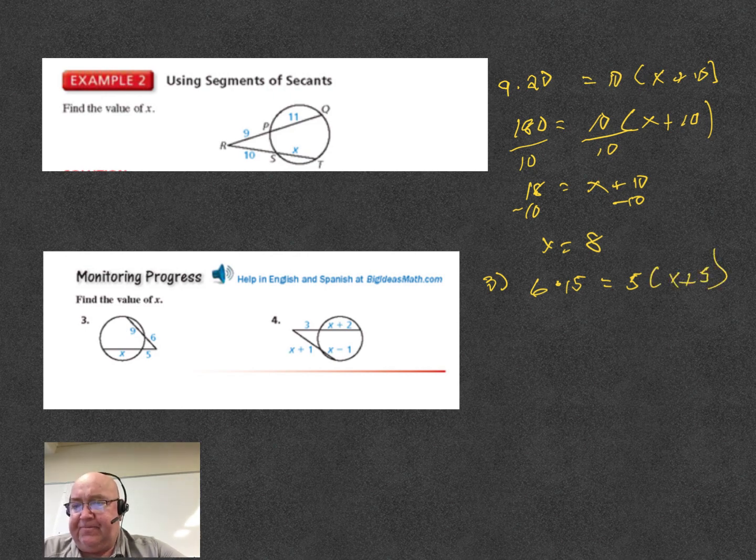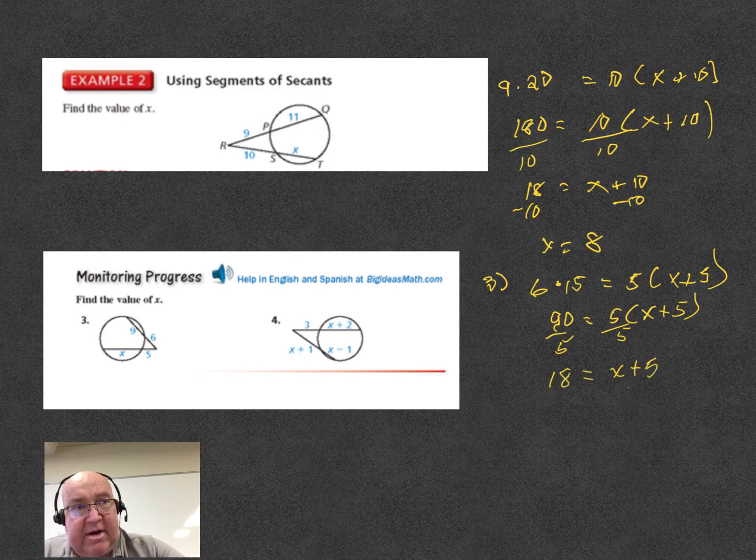And we're going to get 90 is equal to 5 times x plus 5. Again, we'll divide by 5. And I believe that's 18 is equal to x plus 5. Subtract 5. Subtract 5. X is equal to 13.